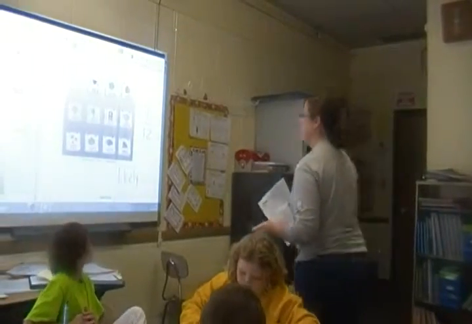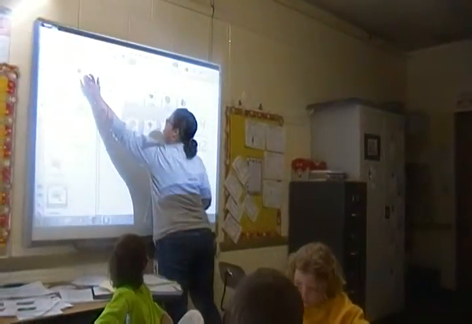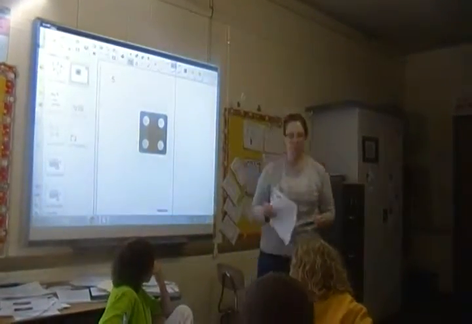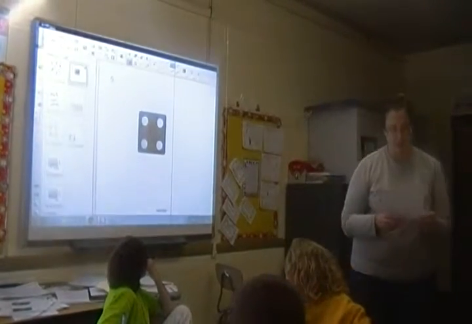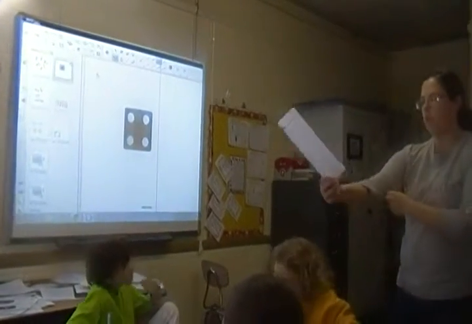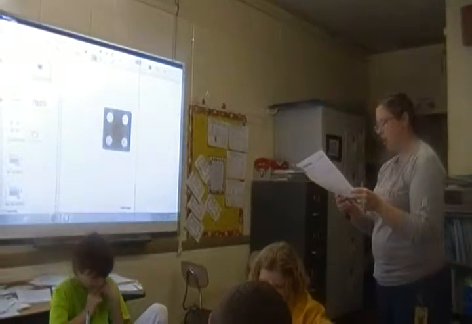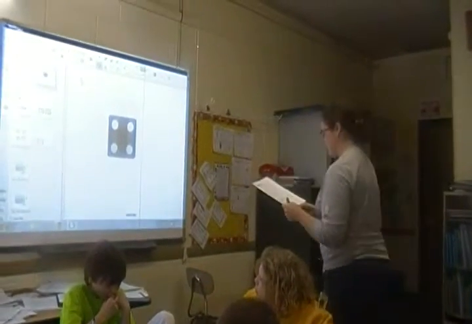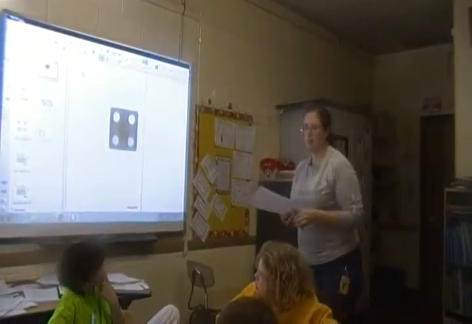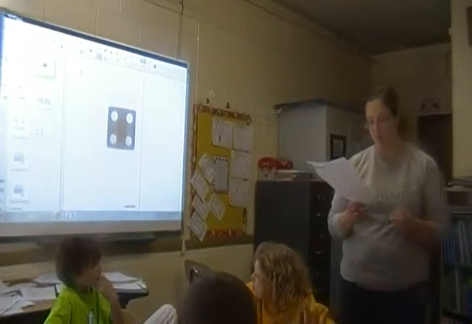Number 5. We've got a dice. It says, what is the probability of rolling a 1, 3, 4, 5, or 6 on a 6-sided dice? So how many numbers do we have listed there, Xavier?